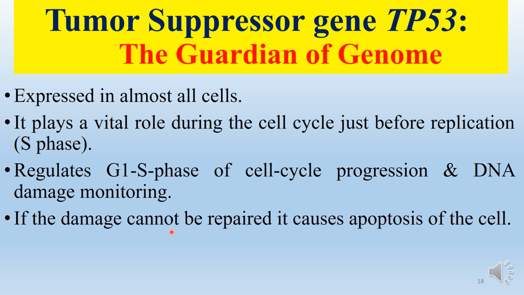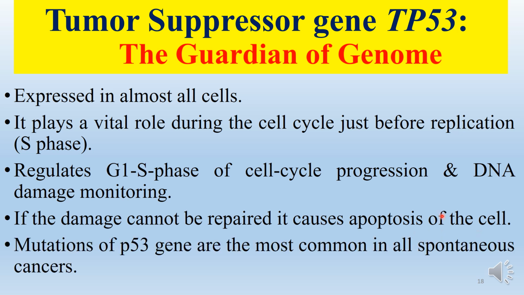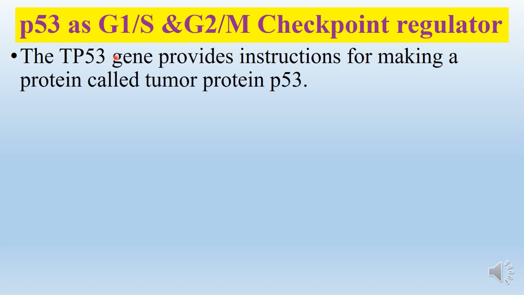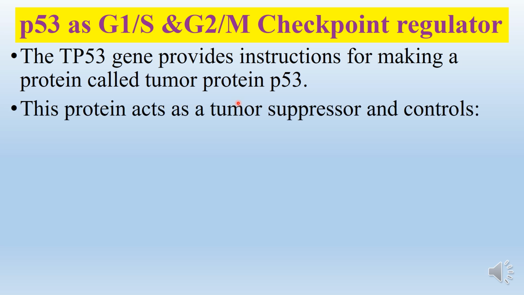If the damage cannot be repaired, it causes apoptosis of the cell. Mutation of the P53 gene is almost common in all spontaneous cancer. The P53 gene is a regulator for both G1S checkpoint as well as G2M checkpoint, and the TP53 gene provides instructions for making a protein known as the tumor protein P53.